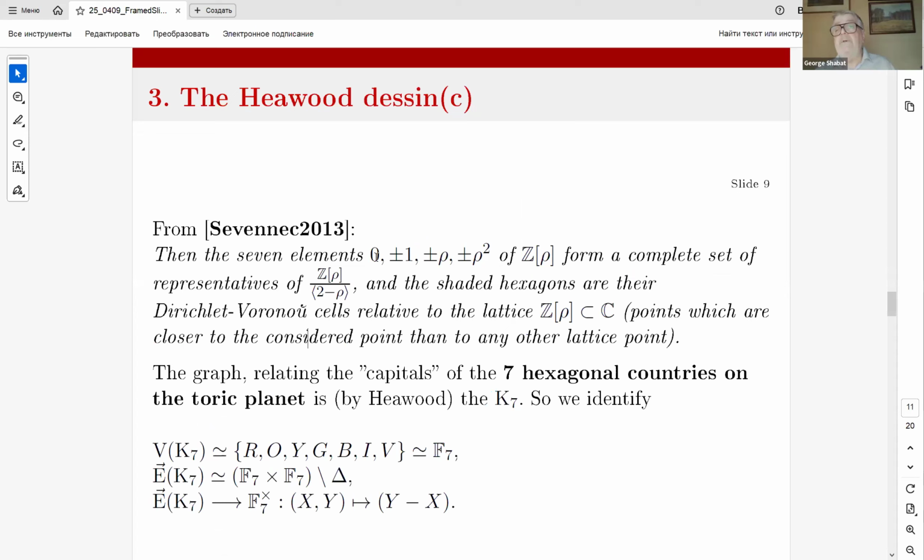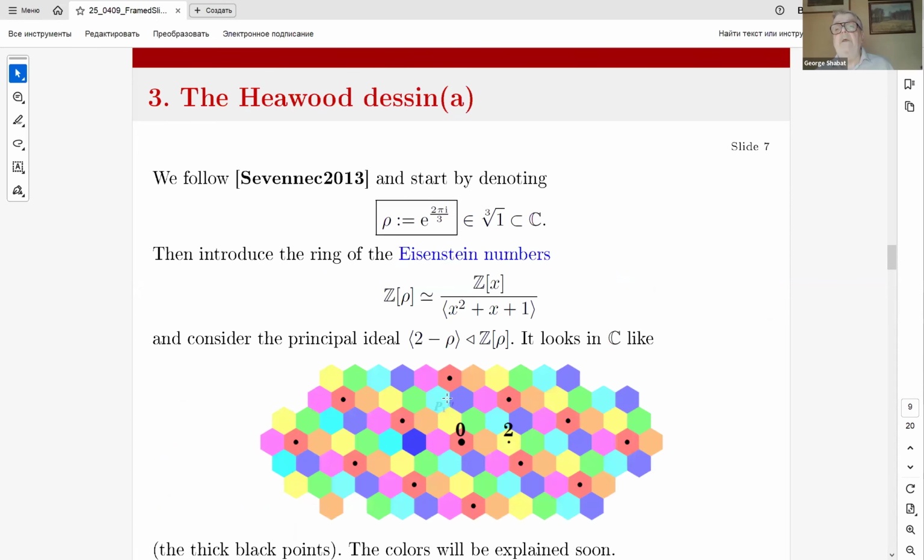This is what I was just trying to say, that these are the 7 elements that correspond to the representatives. Sorry, this refers to some other picture, but may I show it again?